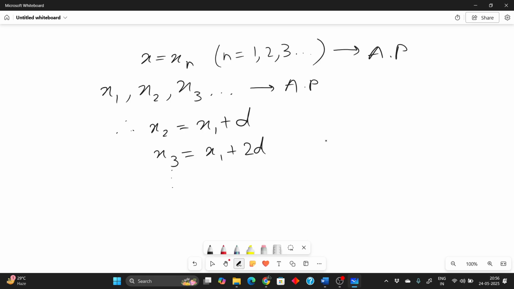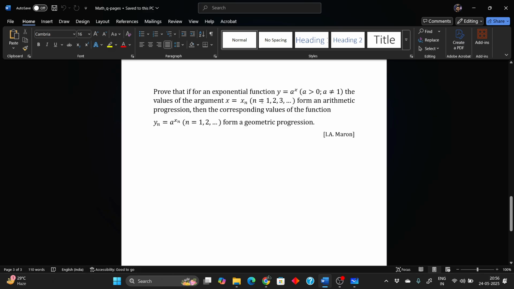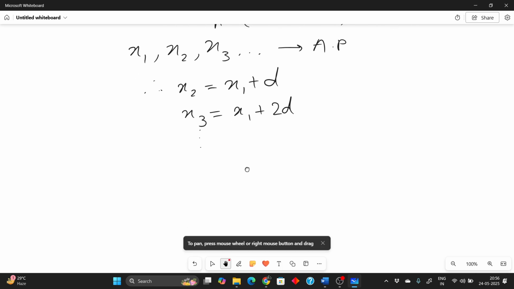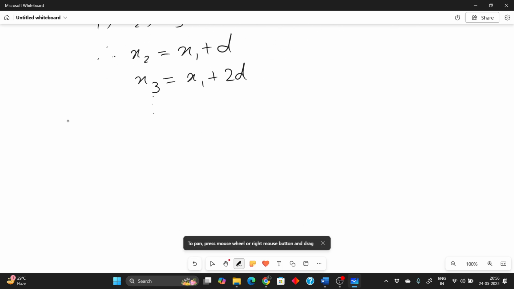And then we have to prove it for y_n equals a to the power x_n. So therefore, what I'll do is I'm going to write y1 equals a to the power x1, y2 will be a to the power x2.